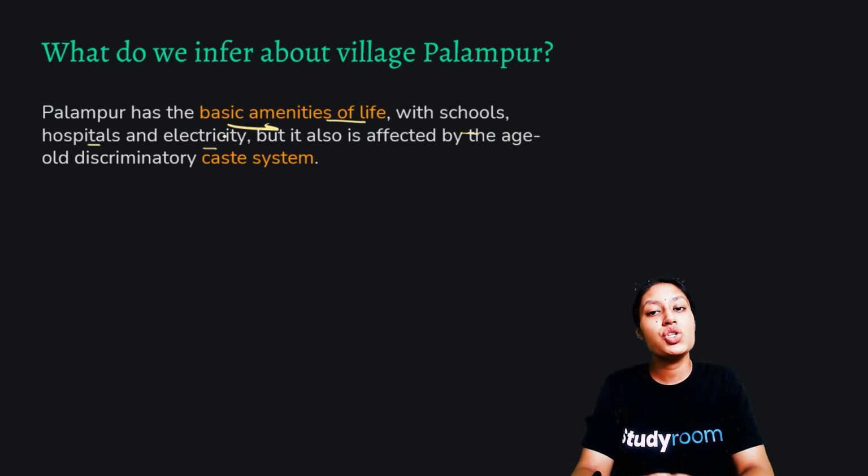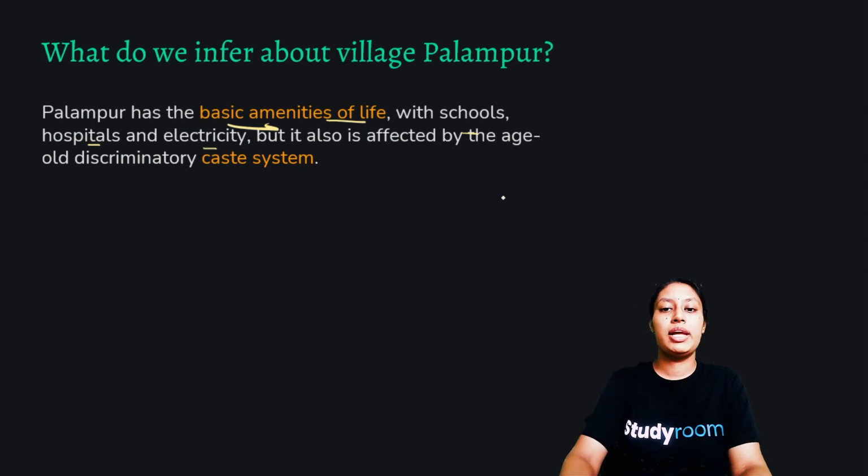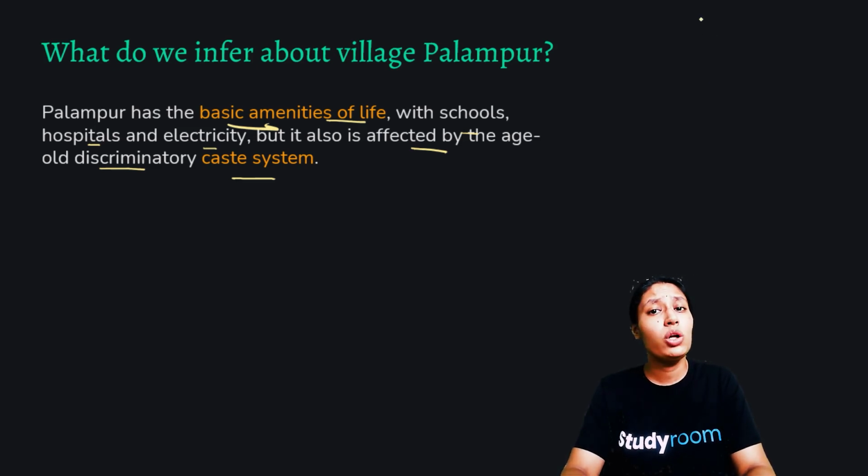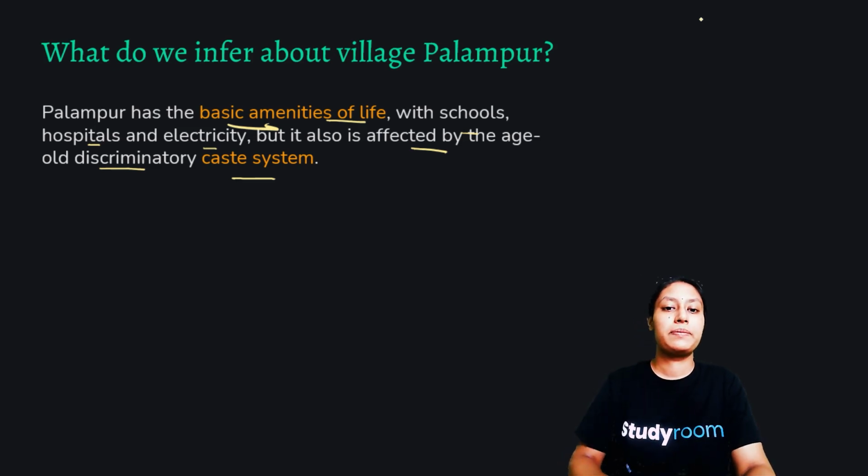But in the social sector, it is also affected by the age-old discriminatory caste system, as we have seen in the difference between the houses of upper and lower castes. If we do not include this factor, Palampur has all the basic amenities required for sufficient living.